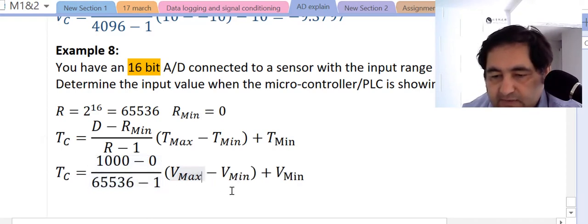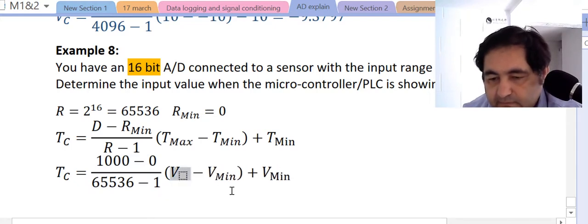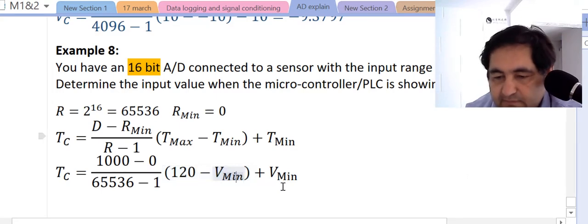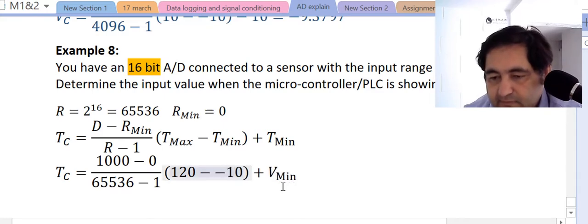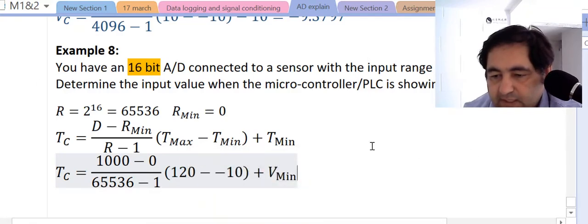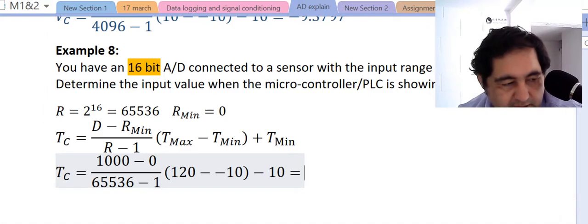Then T max, as you can see, the maximum temperature is 120 degrees, and the minimum temperature we said is minus 10, and again the mean equals minus 10. Okay, so let's see how this A to D is going to work.